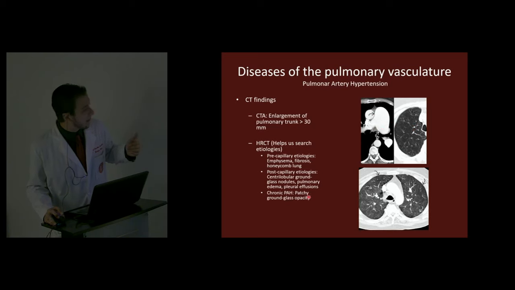Or you can understand if it's a chronic pulmonary arterial hypertension, we will see some ground glass opacities and some focal decreased blood flow and mosaic pattern on the pulmonary view, as well as postcapillary etiologies that we're going to talk about in next sections.